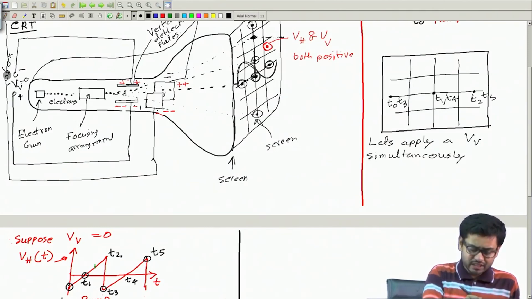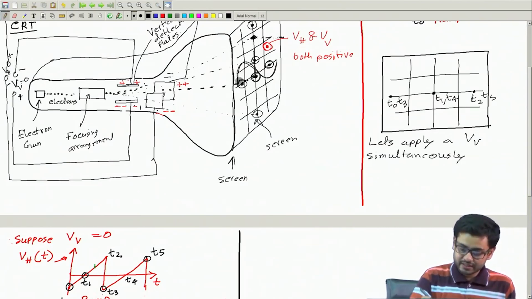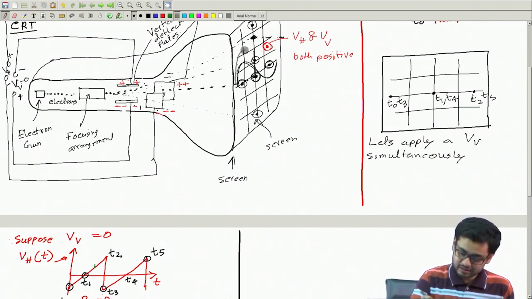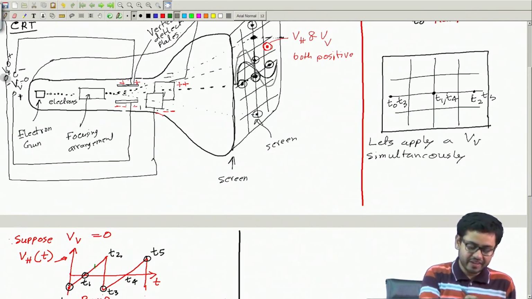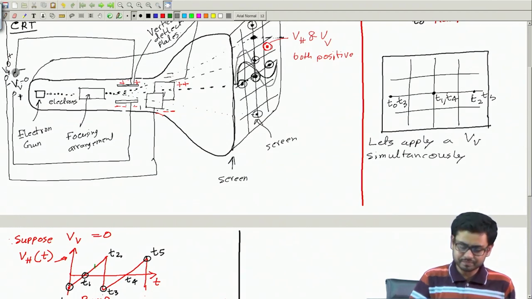So by changing the magnitude or the amplification of this voltage, we can change the height or amplitude of this wave. We can make it larger or smaller by having an amplifier before applying this voltage at this point.